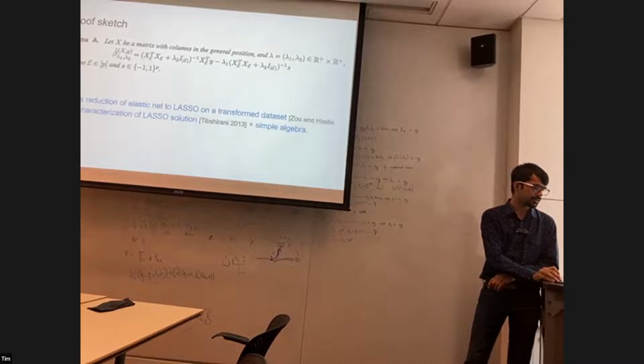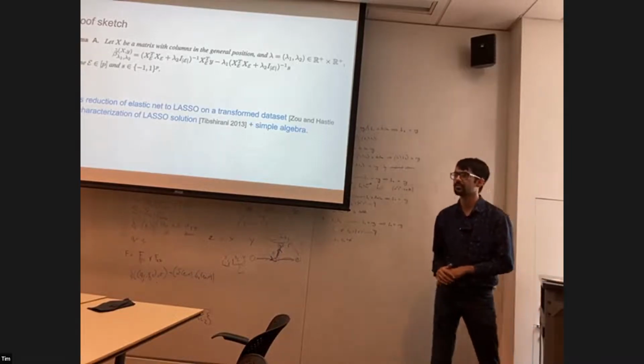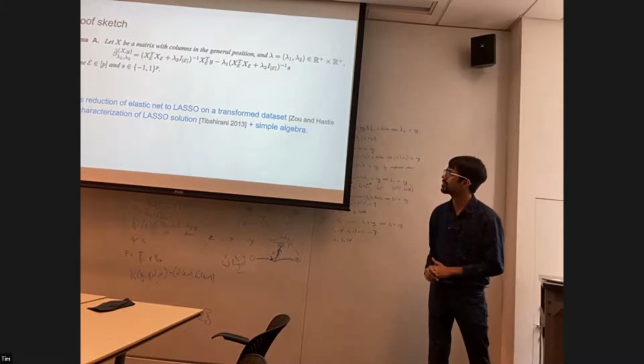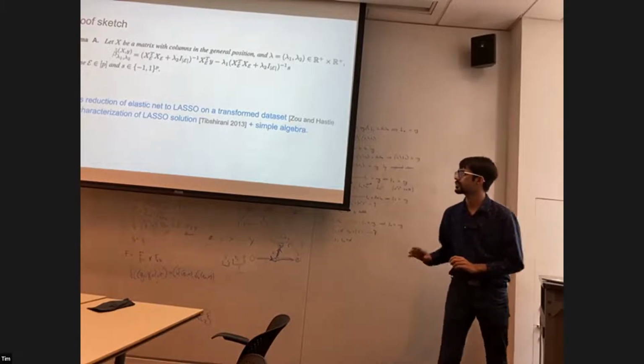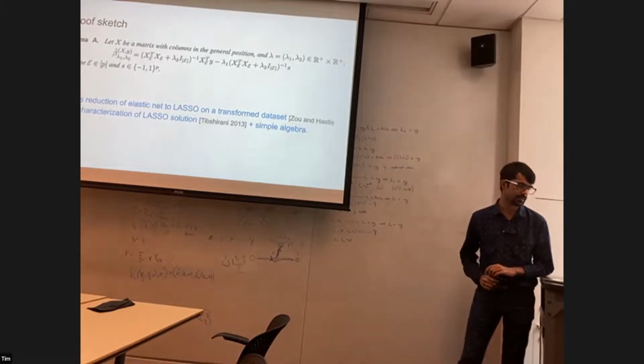And the proof of this uses a reduction of the elastic net to lasso, which is the L1 regularization problem, on a transformed data set. It also uses characterization of the lasso solutions and some simple algebra.